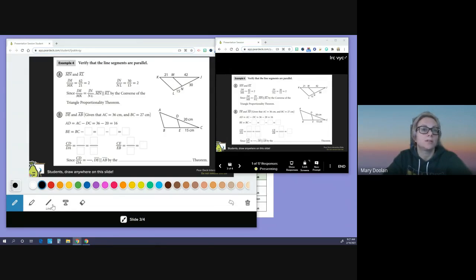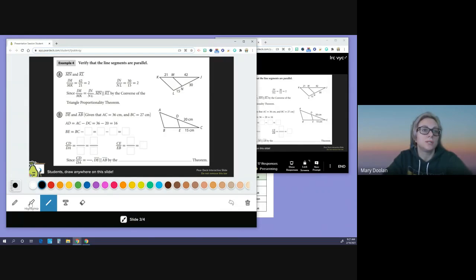We can use some tools here, like the highlighter tool, to highlight things that I want to stand out, like MN. I should probably use the line tool. And MN. Okay, and then we're also talking about KL. We want to verify that these two line segments are in fact parallel.